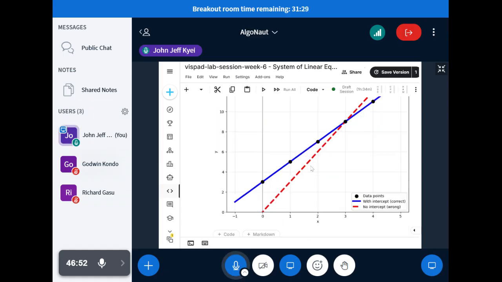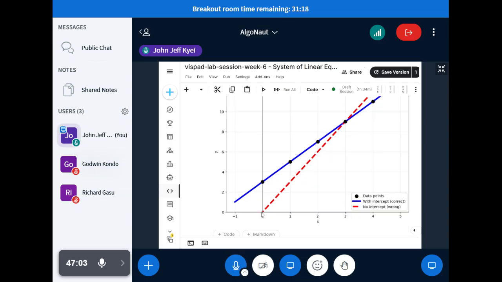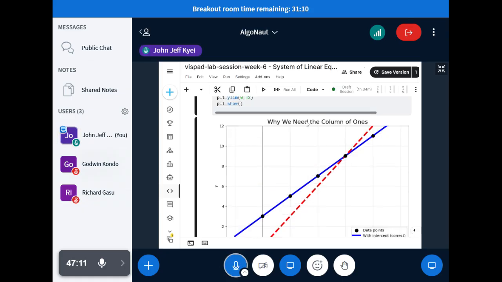Okay, so the first one, the red line, is without intercepts, and as you can see, it's trying to pass through the origin 0 over here. It is like a computational glitch when you're using linear regression.